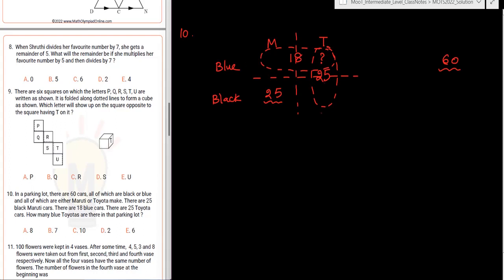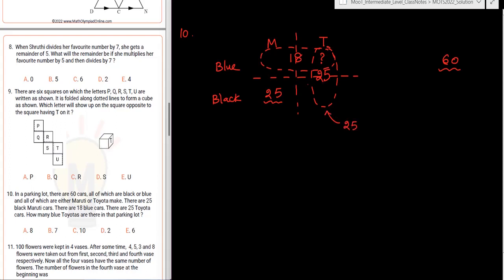Now how do we use this total number of cars and try to figure this out? If you think about it, you have Toyota cars 25.